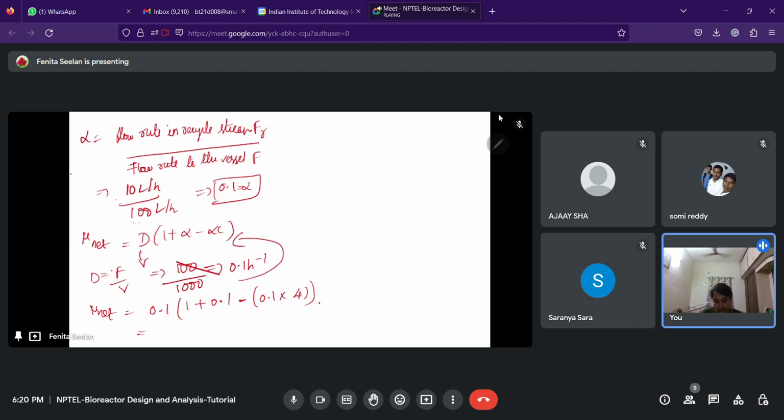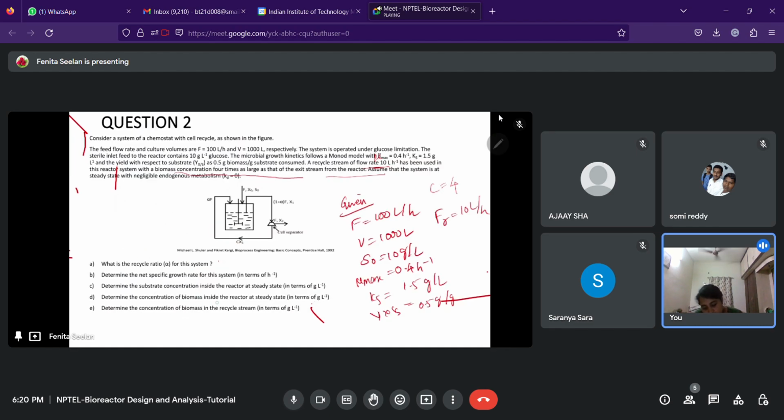If we solve this, you'll get the value for mu net, which would give you 0.07 per hour.